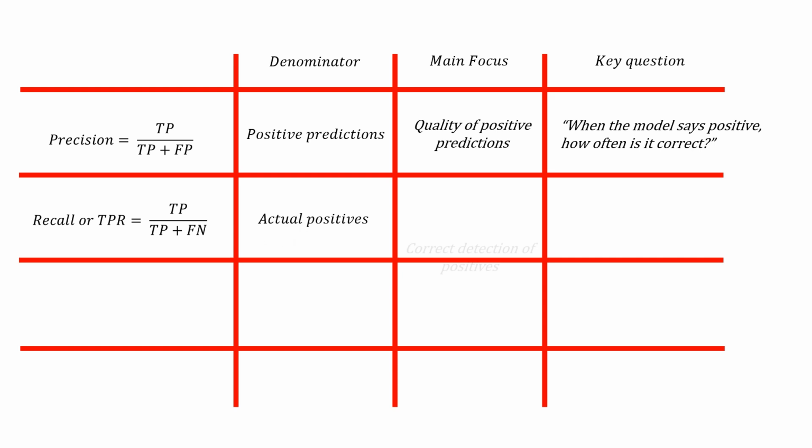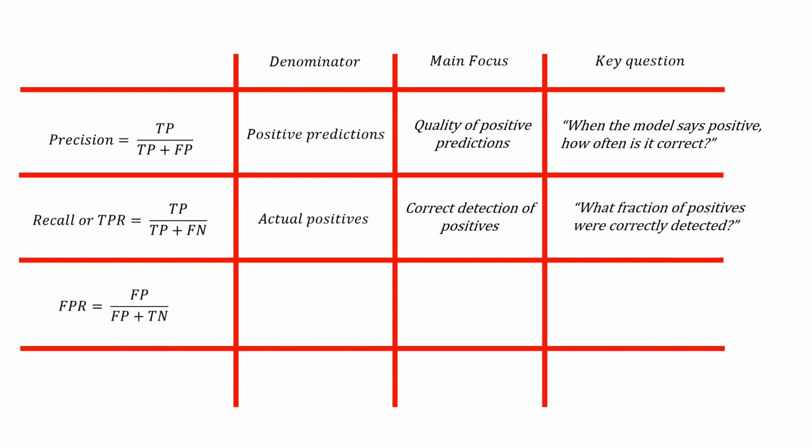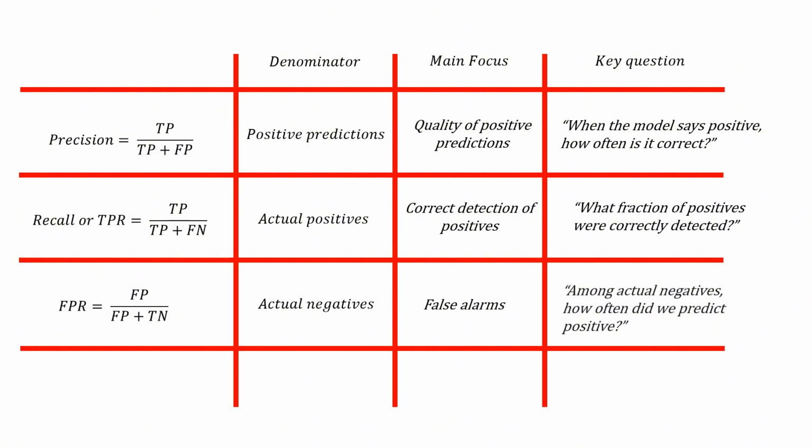Its main focus is on how many of those positives were correctly identified. The key question it answers is, how many of the real positives did we successfully detect, and how many did we avoid missing? Finally, we have the false positive rate, FPR. The denominator represents all actual negative samples. Its main focus is on false alarms. The key question it answers is, how many negative samples were incorrectly classified as positive?